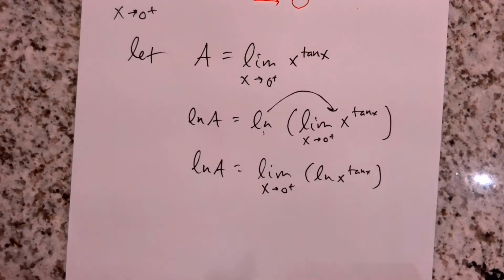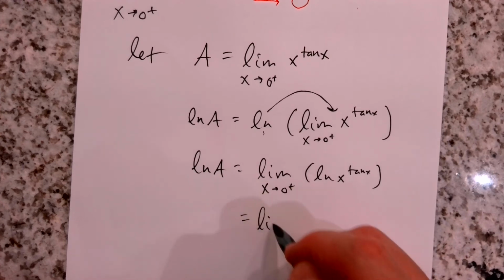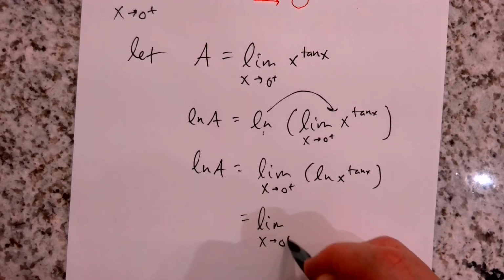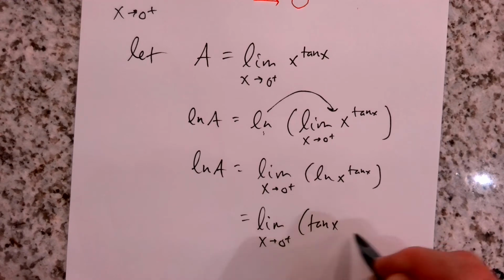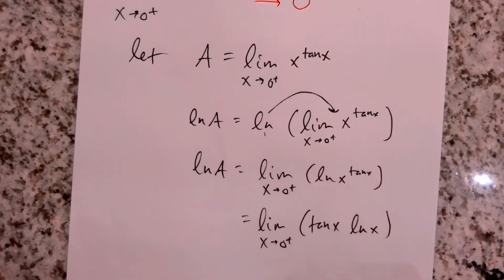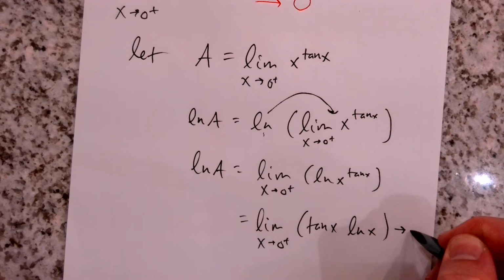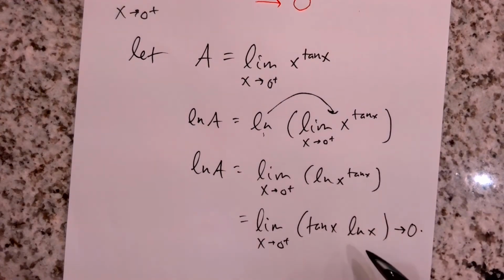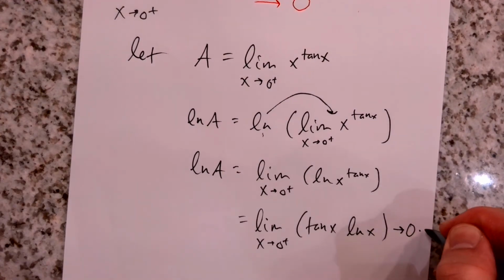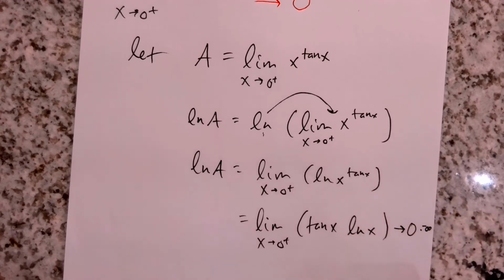And why that is useful to us is we can now bring that tangent x down in front of our logarithm. When we plug 0 into this, tangent of 0 is 0. Log of 0 from the right side approaches negative infinity, so we have 0 times infinity, the little tiny infinity.